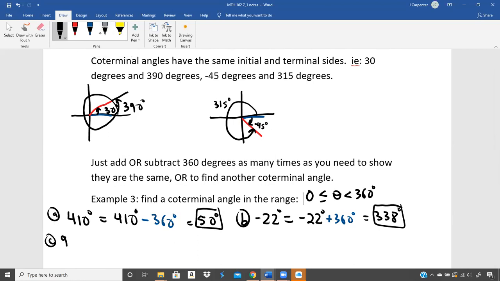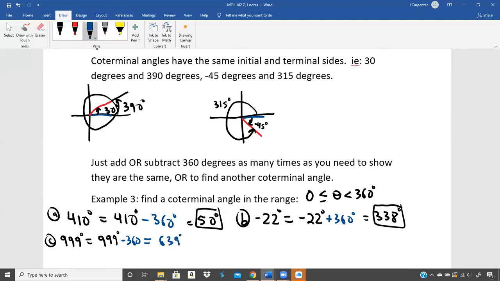C, 999 degrees. Well, if you just subtract 360 once, okay, 999 minus 360 is 639.